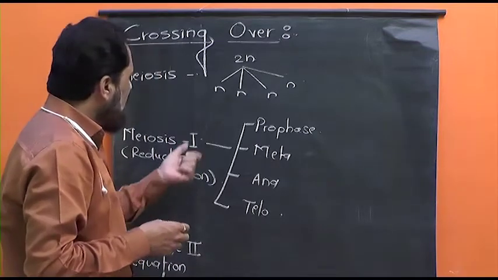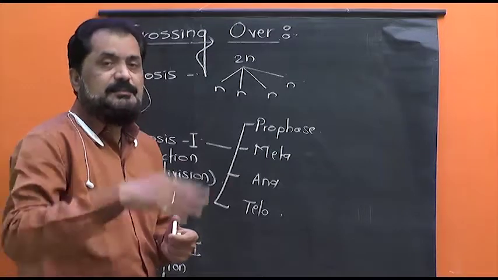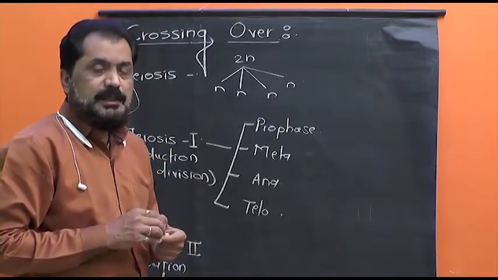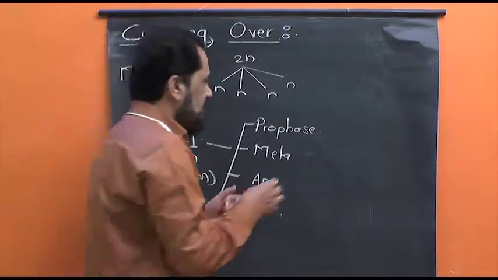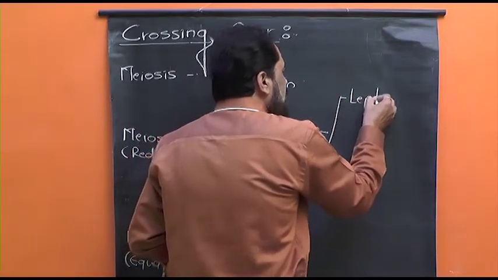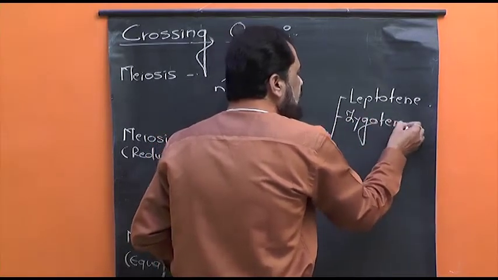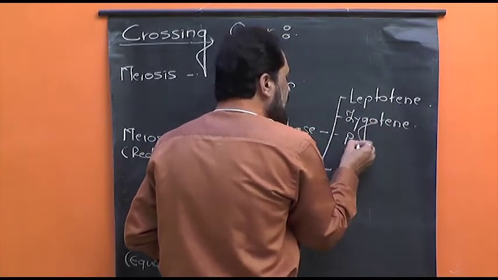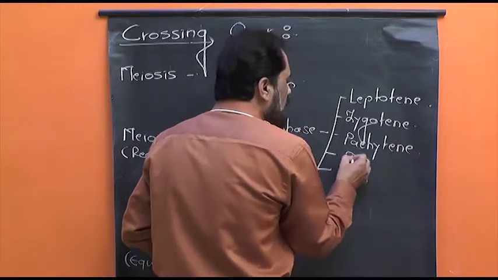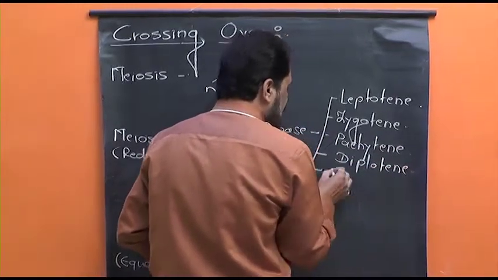Now in meiosis first, the prophase again has substages such as leptotene, zygotene, pachytene, diplotene and diakinesis.